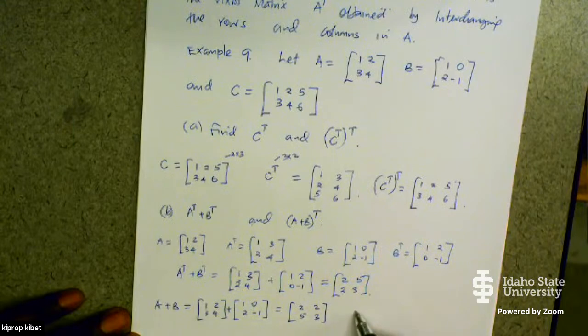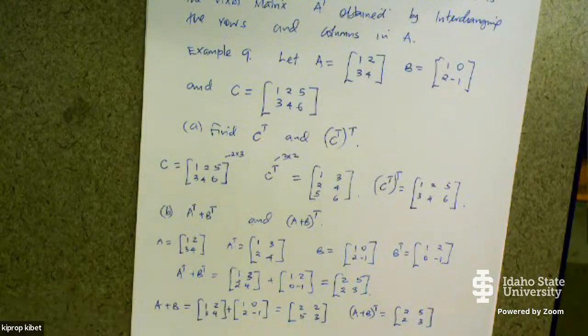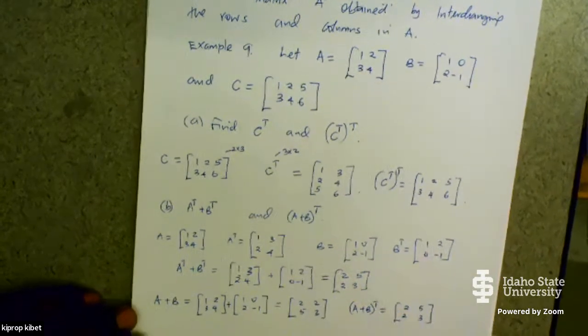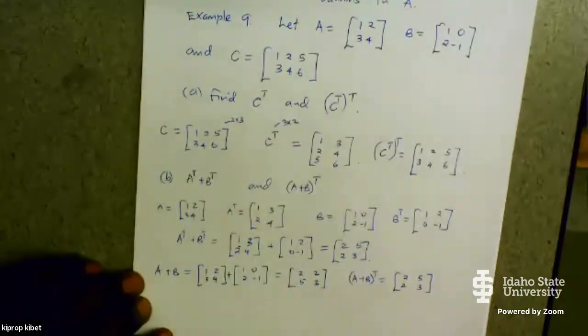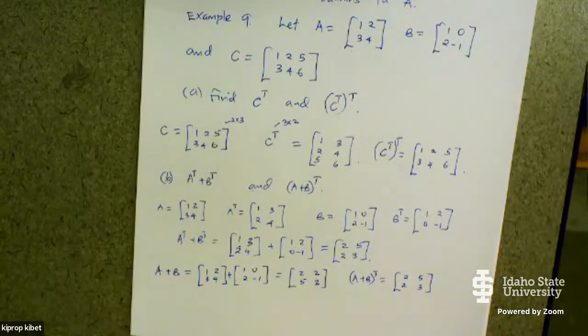So when you transpose A plus B, it will be equal to [[2, 5], [2, 3]]. So what do you see from there? Yeah, the same. So this is another property for the matrix. This is actually the property of matrix transpose, which we'll write later.